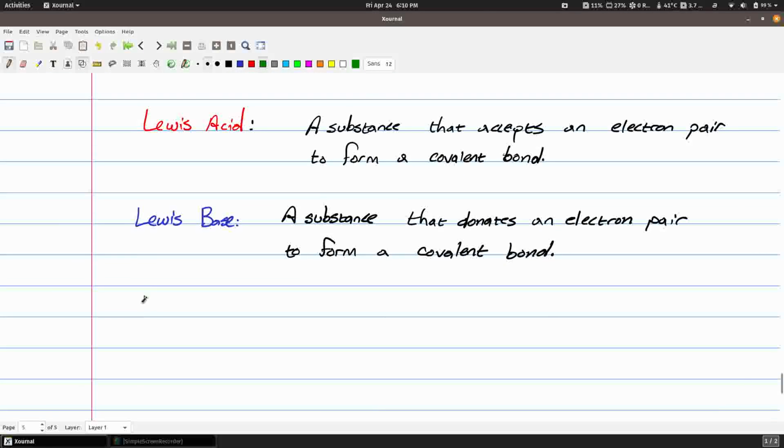And then we have our Lewis acid-base reaction.